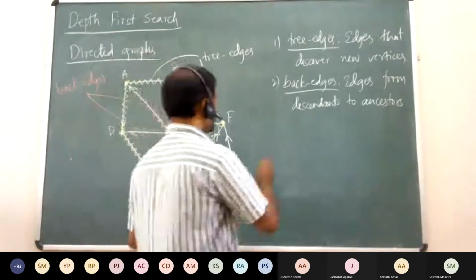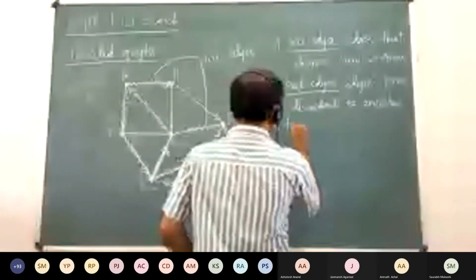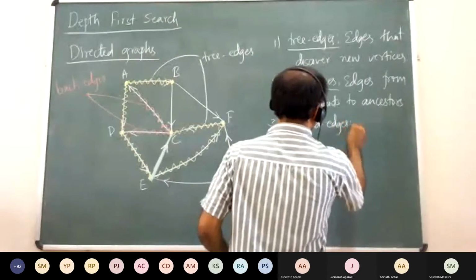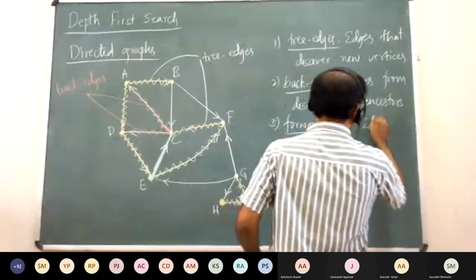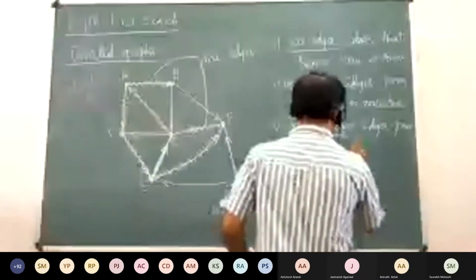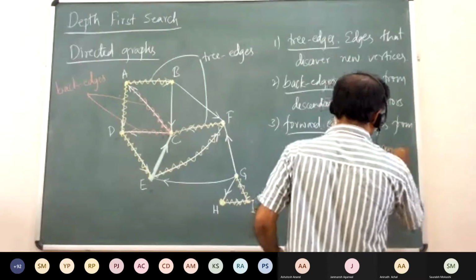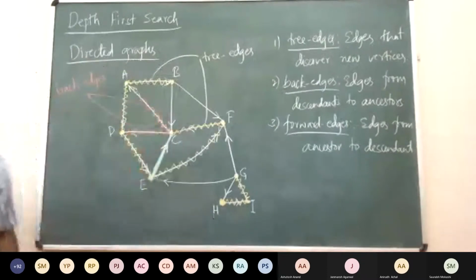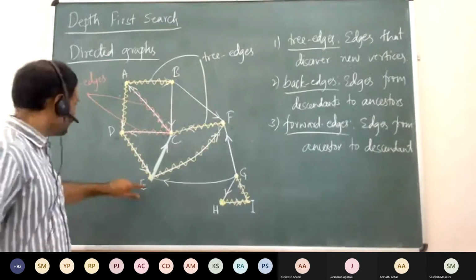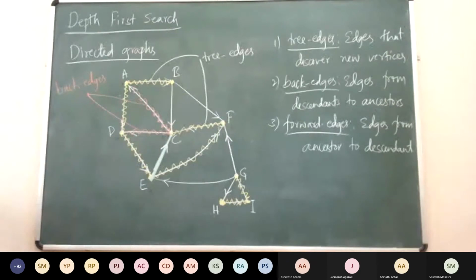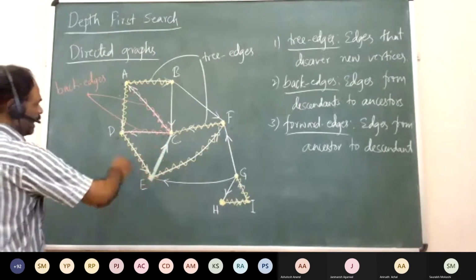These are called forward edges: edges from ancestor to descendant. So the vertices which would be discovered are already discovered by some other vertices, right? So these are edges from ancestor to descendants, right? These are what we call forward edges, right?